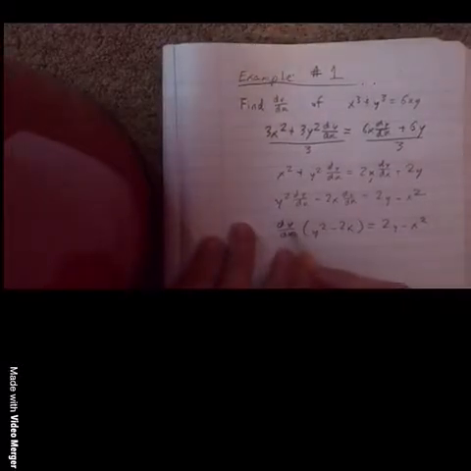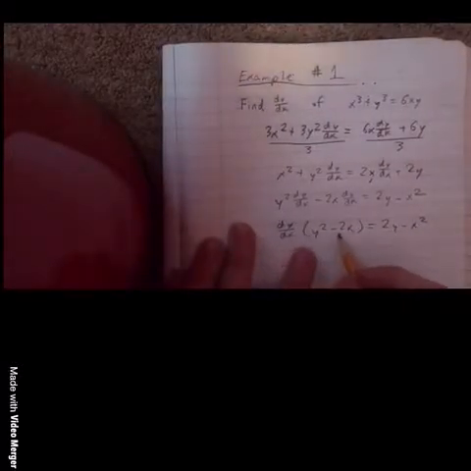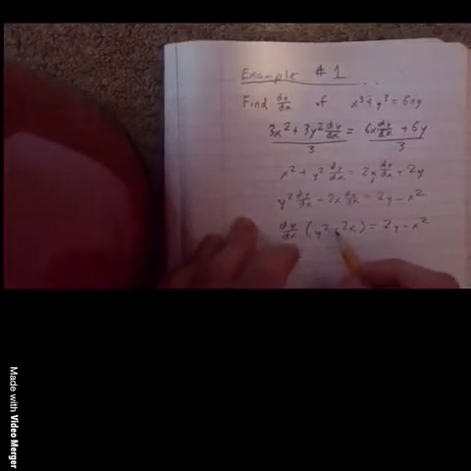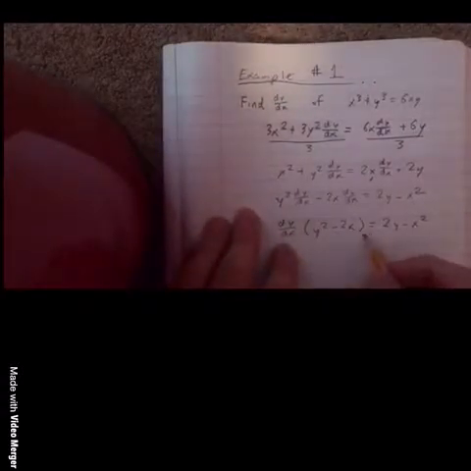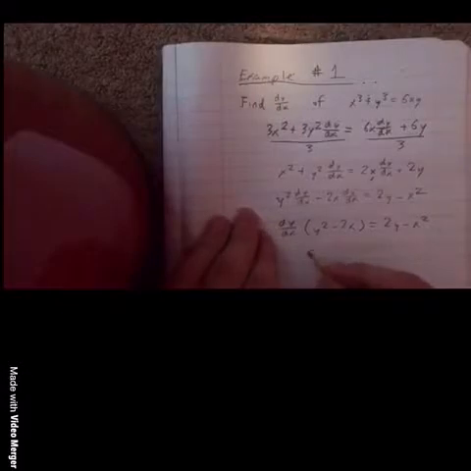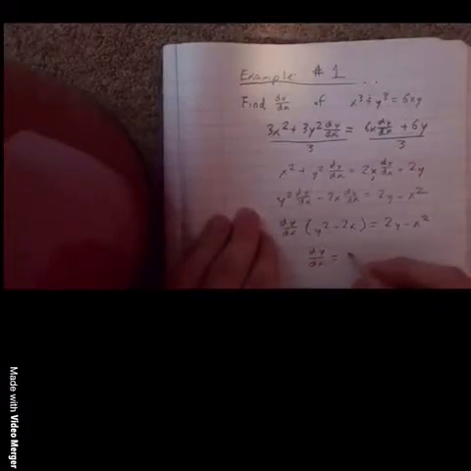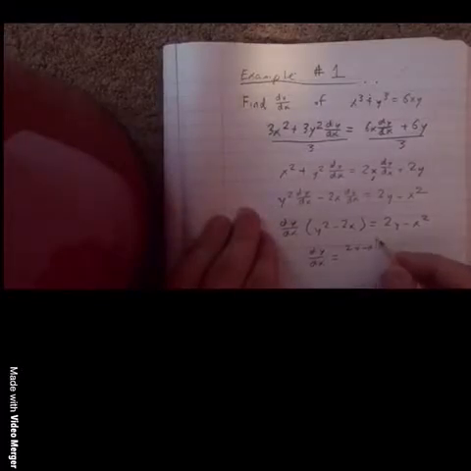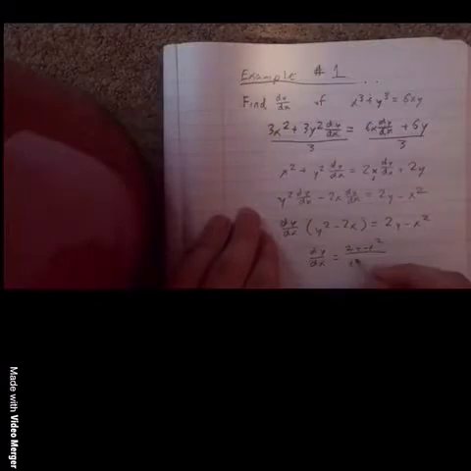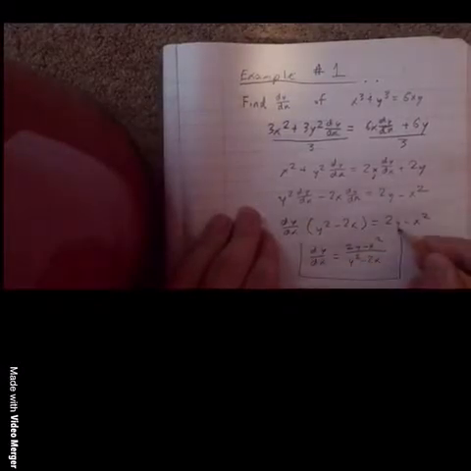Now to find dy over dx, we're just going to divide by y squared minus 2x, and that will get us dy over dx. So dy over dx is going to equal 2y minus x squared all over y squared minus 2x. And that is it for this example.